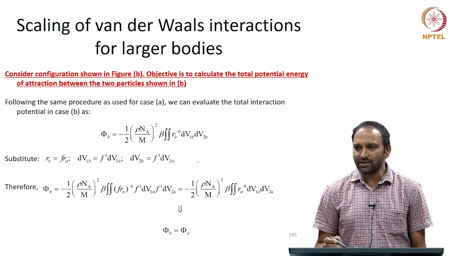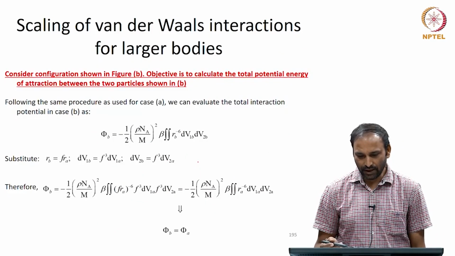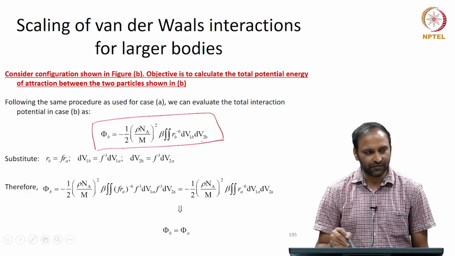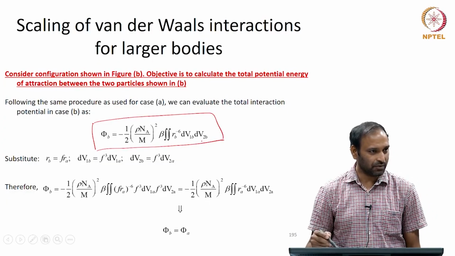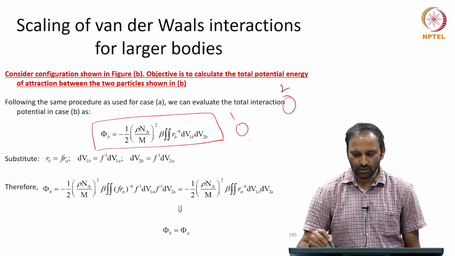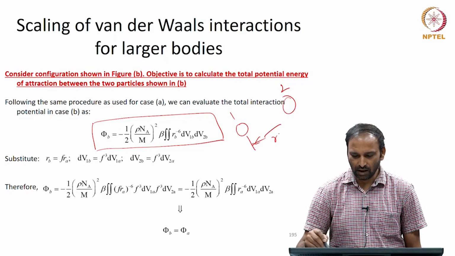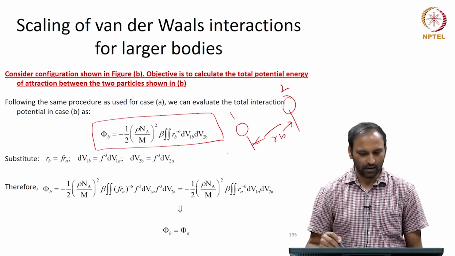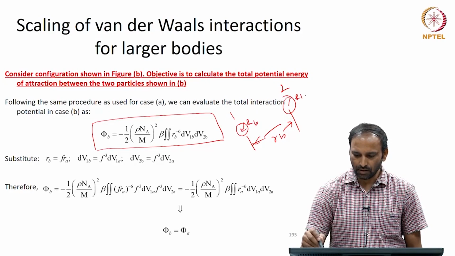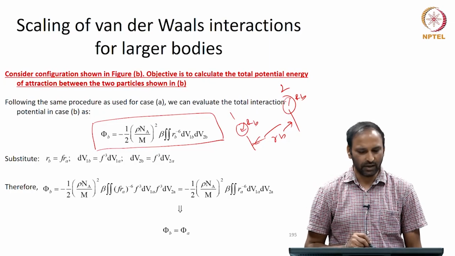Now I can do a similar exercise and calculate the van der Waals force of interaction for case 2. For case 2 we had again sphere 1 and sphere 2, separated by a distance R_B, and of course their radii were also R_B.